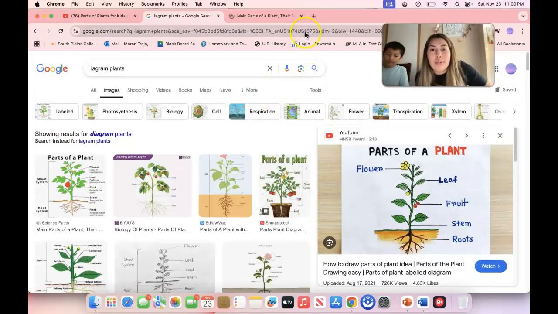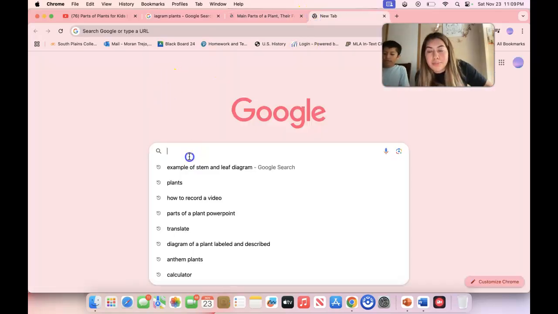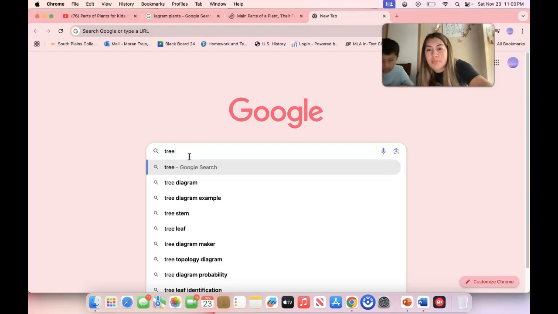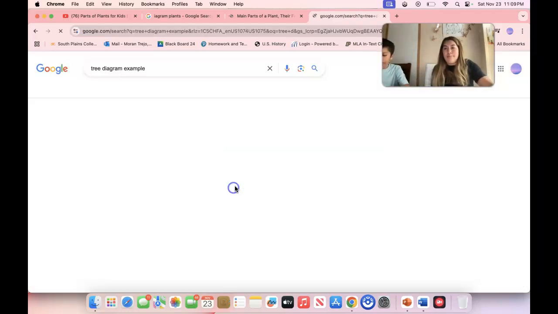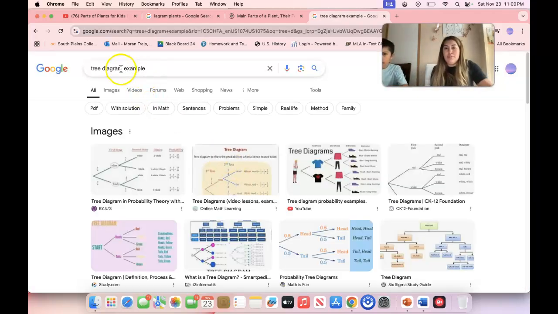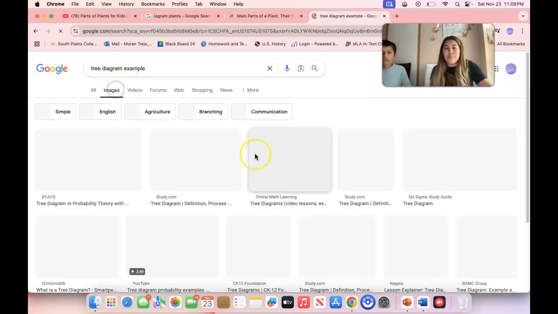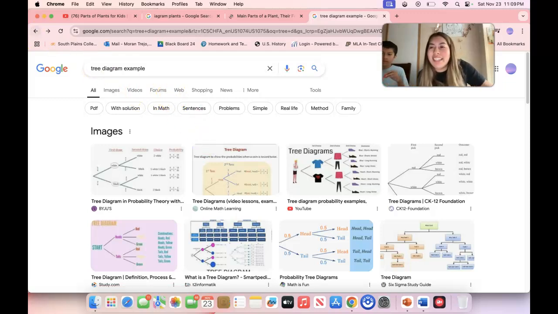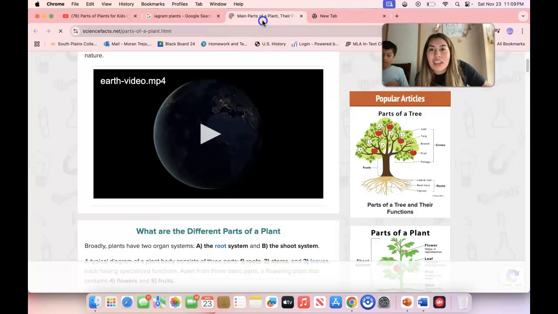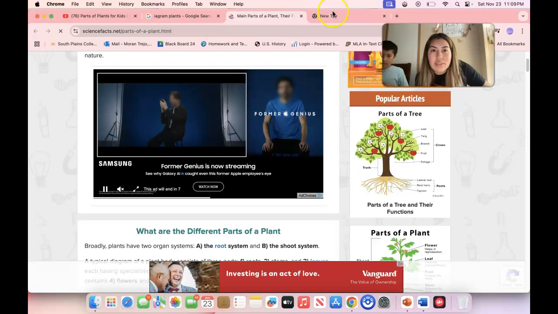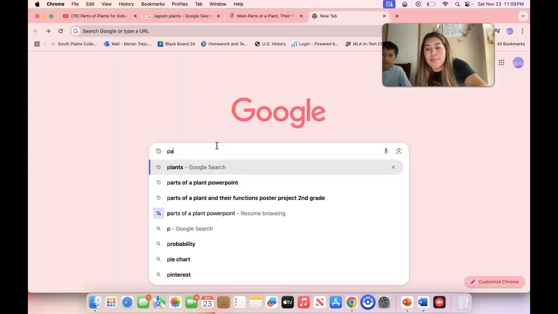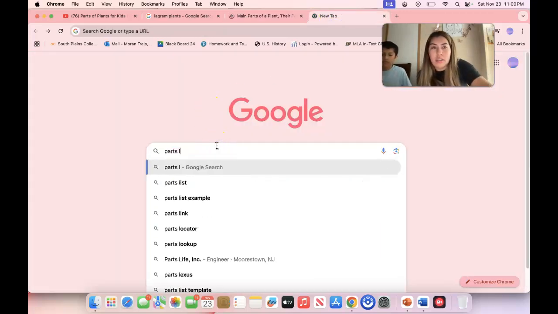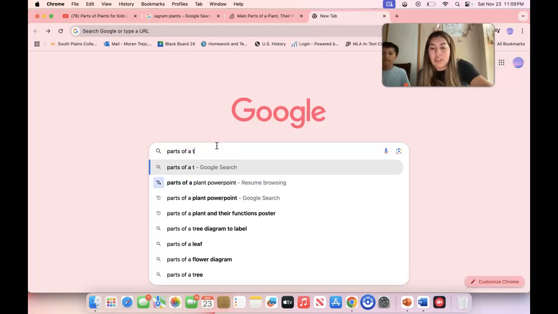A great example also would be a tree. Oh, wrong example. Sorry. Parts of a tree.